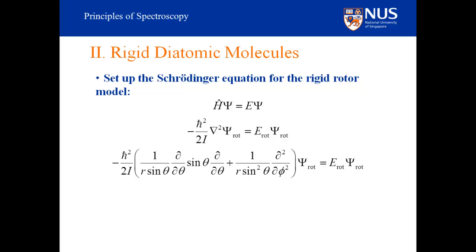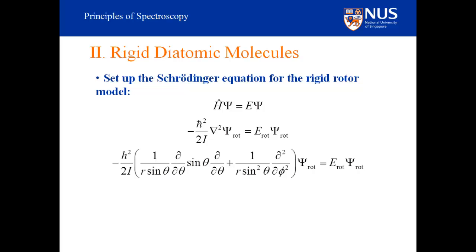The solutions are the atomic orbitals. The atomic orbital is the product of two components, a radial component and an angular component. Well, in our rigid diatomic, the radius is fixed, so there is no radial component. So the angular components for the atomic orbitals are the solutions to this equation. Technically, they're known as spherical harmonics.